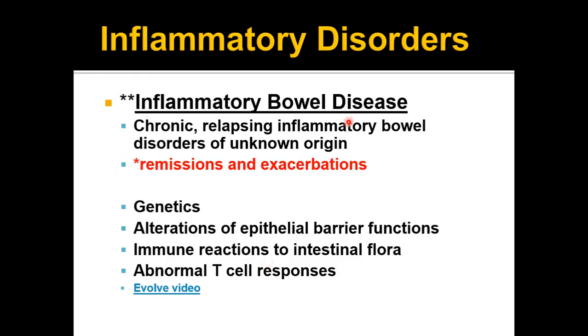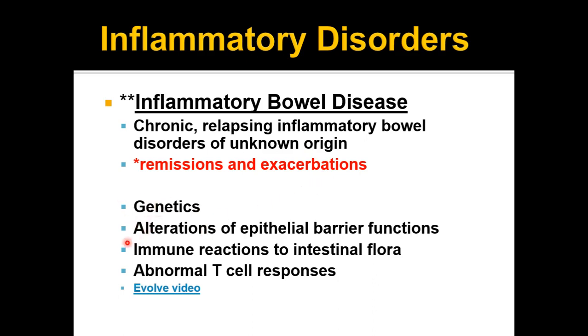Now let's talk about the inflammatory bowel diseases. There's two major inflammatory bowel diseases, or you'll see it abbreviated IBD. Again, these are chronic relapsing inflammatory disorders characterized by remissions and exacerbations. So it's better or not as bad for a while, and then it flares up and gets worse.